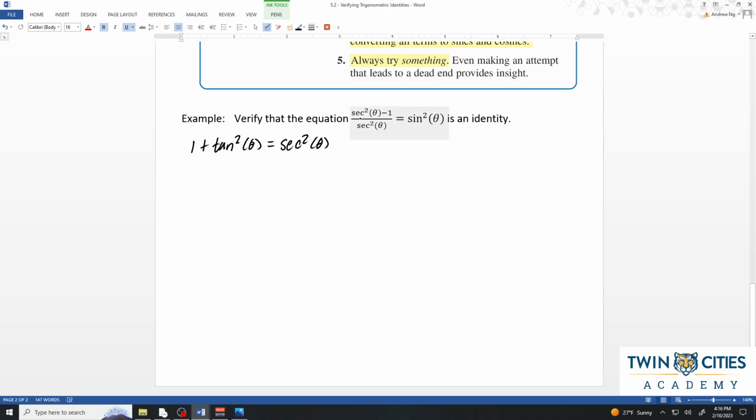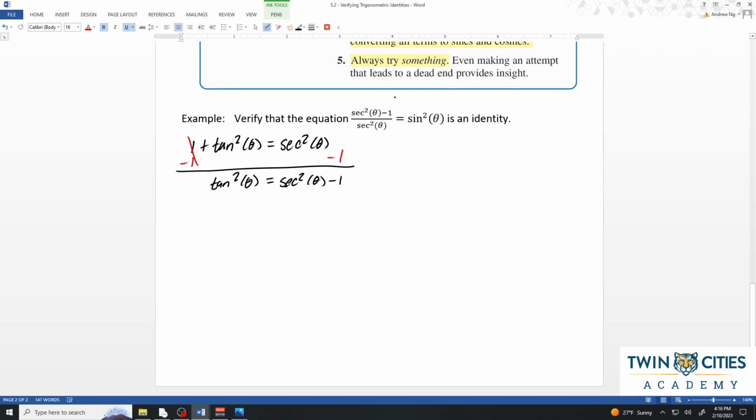Now I've got secant squared of theta minus 1 up here. So let's just subtract 1 from both sides. So tangent squared of theta is equal to secant squared of theta minus 1.